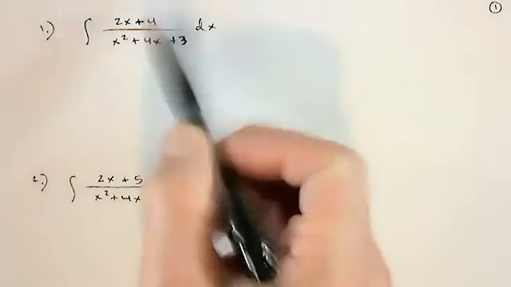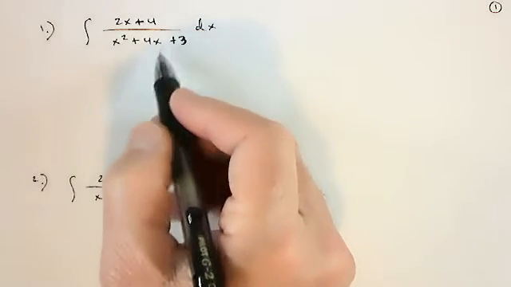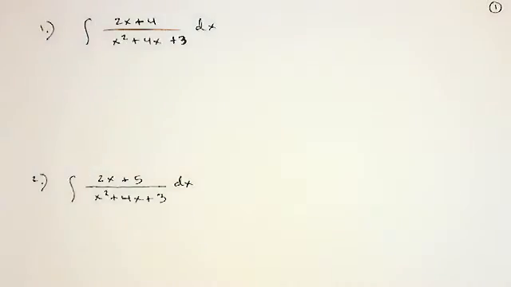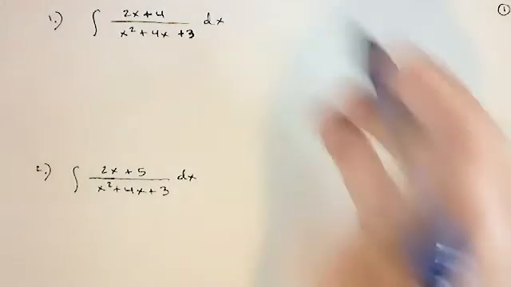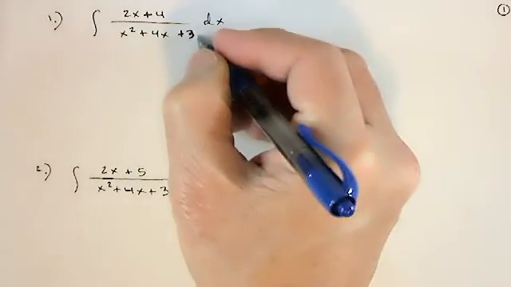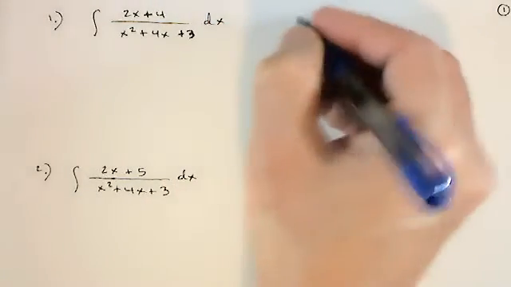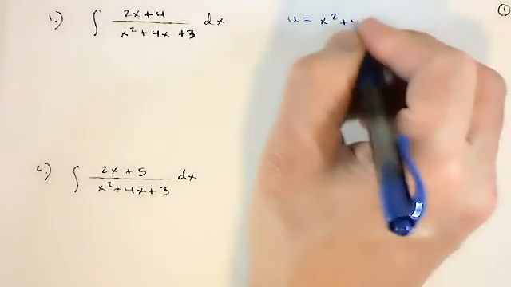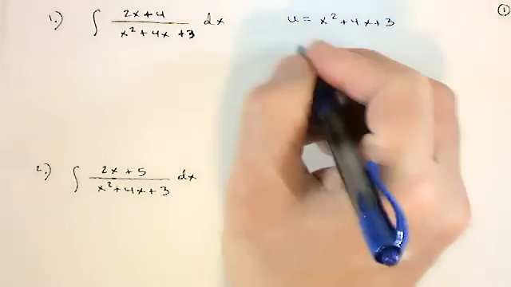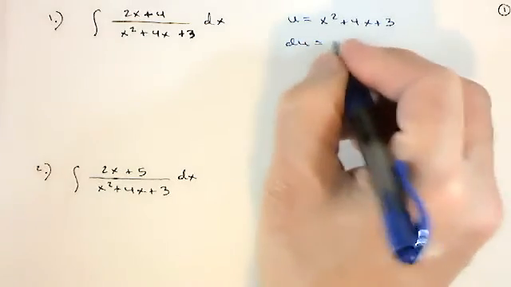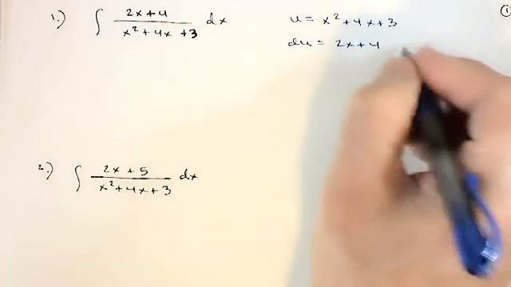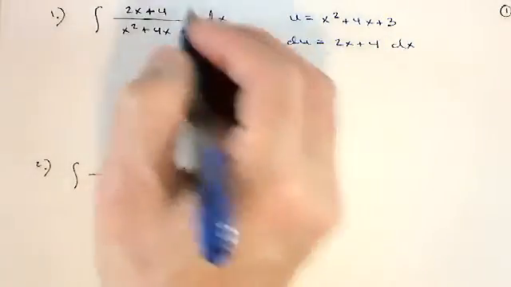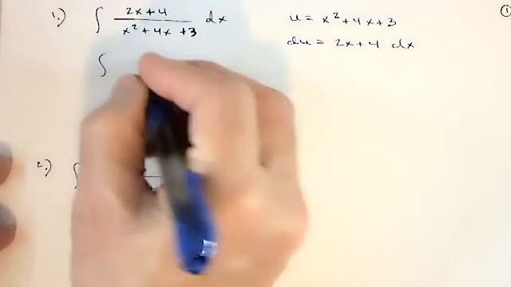All right, so if you've got all algebra and you've got a fraction, the first thing you'd want to look for is regular U substitution. And if you've had a chance to look at this one, hopefully you see that this is a really nice one, right? If I just let U equal x squared plus 4x plus 3, du is going to equal 2x plus 4 times dx, which is exactly what we have in the top.